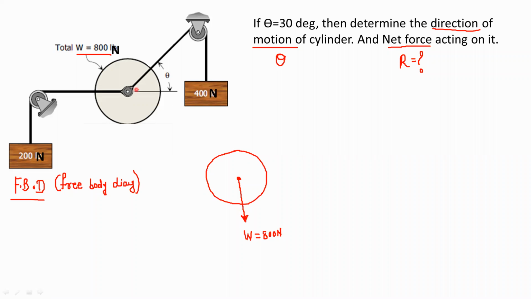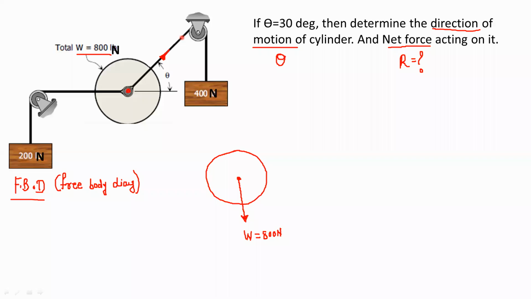Now the second force is the tension which is developed in this cable. So this tension, its direction will be like this. It will try to pull this center point in this direction.